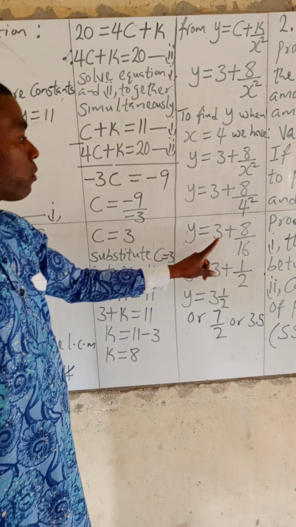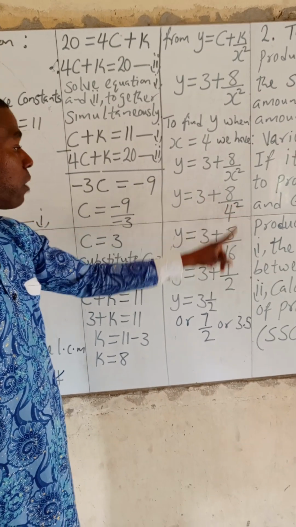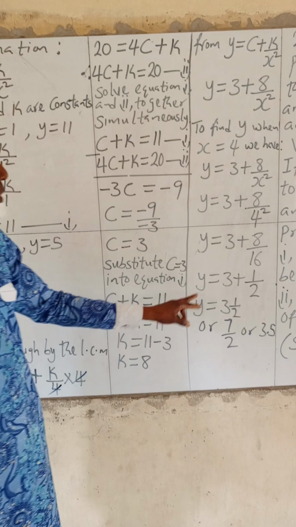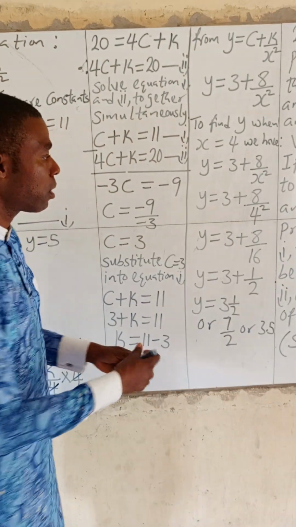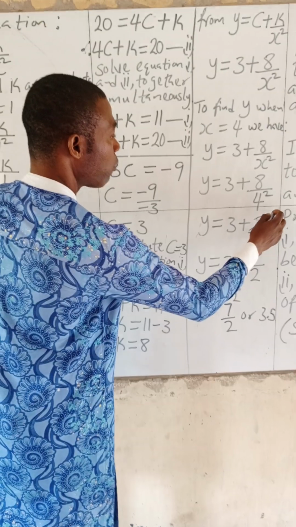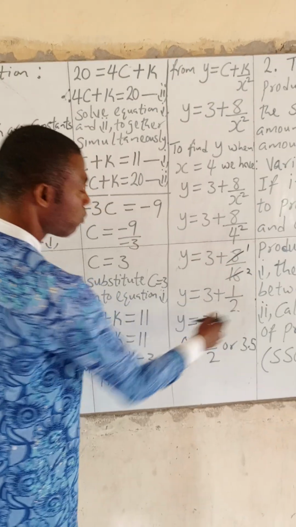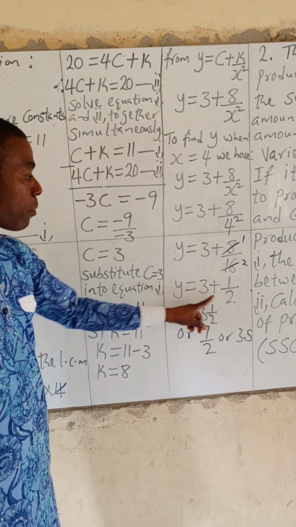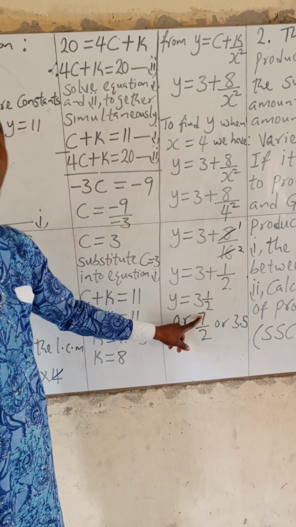So we have Y equals 3 plus 8 divided by 4 squared, which means 4 times 4, giving us 16. So Y equals 3 plus, here 8 gives us 1, 16 gives us 2. So that gives us 1 over 2. And then 3 plus 1 over 2, that is 3 plus half, will give us 3 and a half.